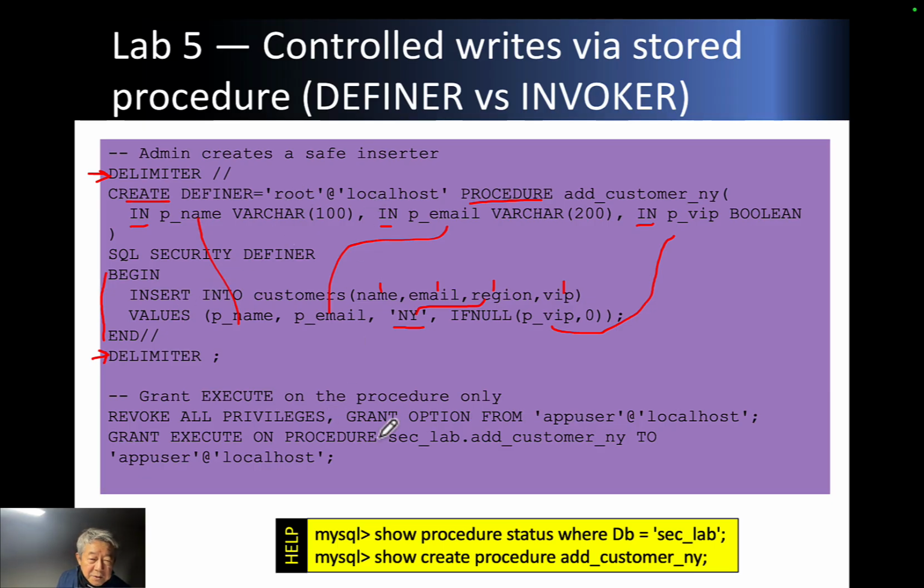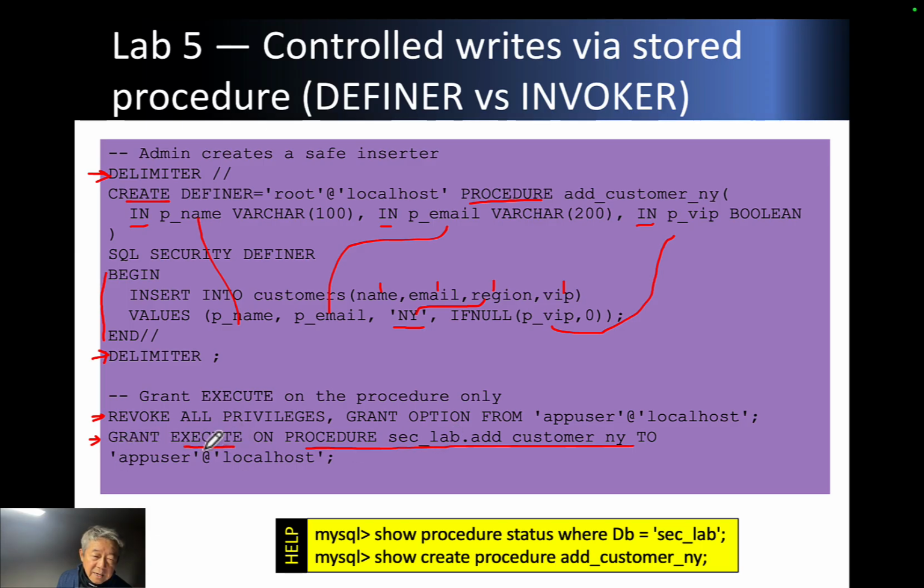And then for that procedure, we can see how the privileges for the procedure can be granted or revoked. First we revoke all the privileges, and then we grant. For this procedure, which is the object, the action is execute.